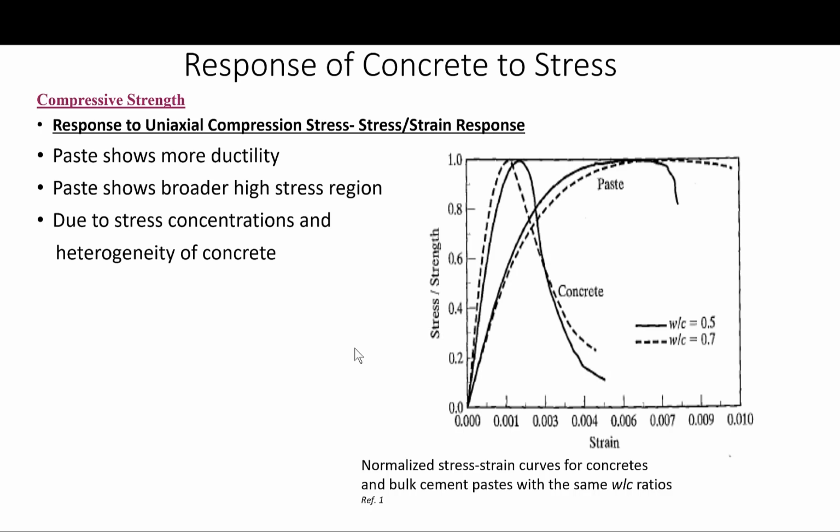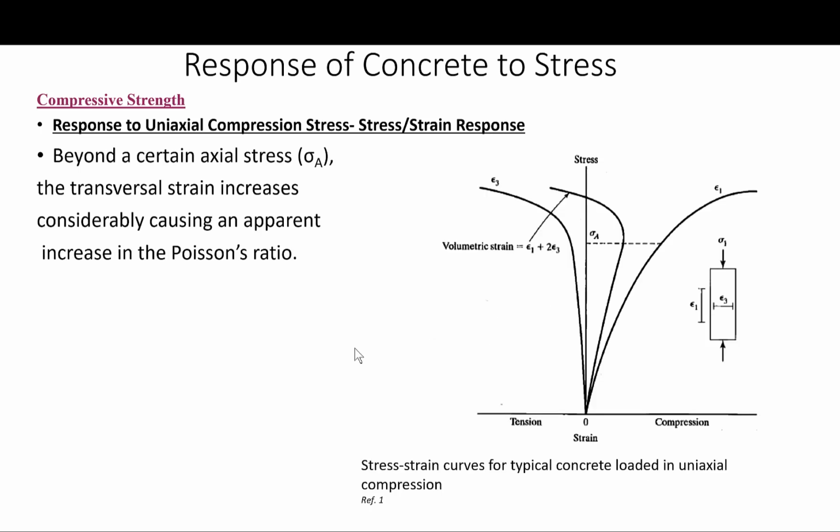Remember that, which can subject a portion of the cement paste to significantly higher stresses than the nominal stress applied to the concrete, and the greater heterogeneity of the concrete, which results in increased transverse tensile failure. So that's really how you explain the difference between the behavior of the paste and the concrete. We talked about this before.